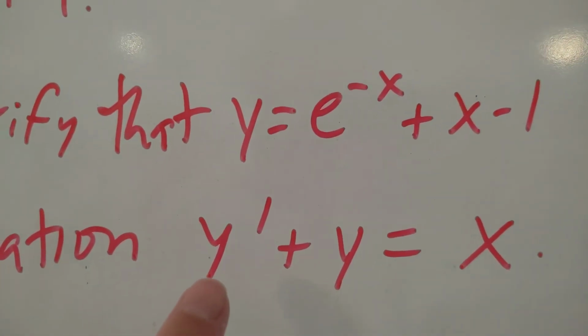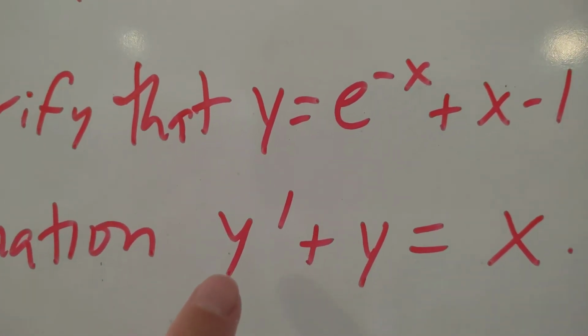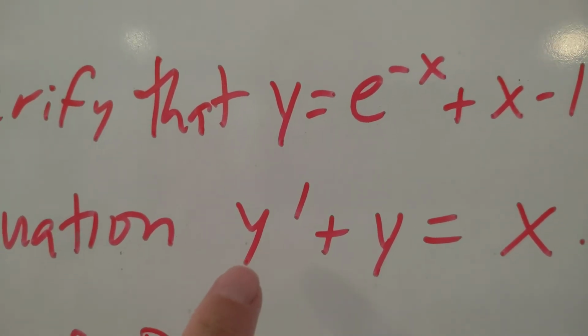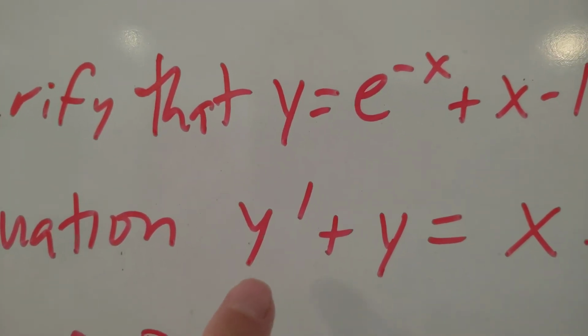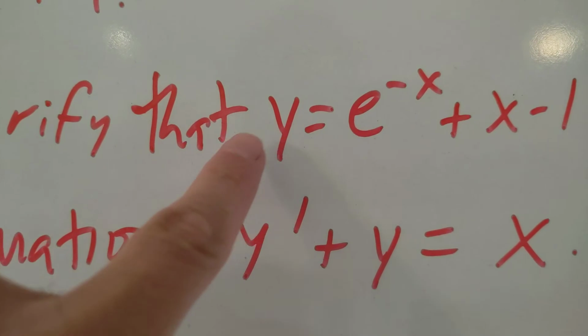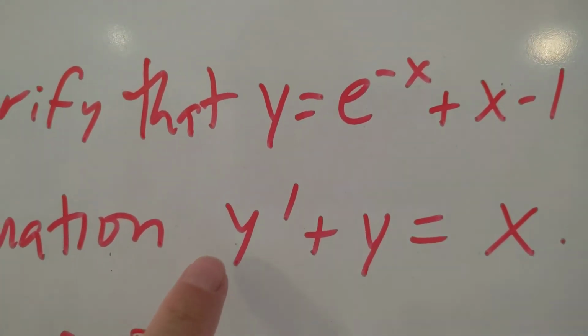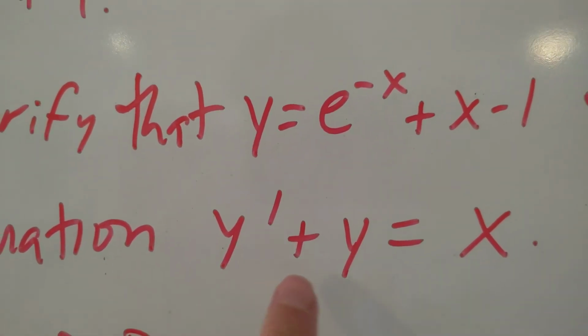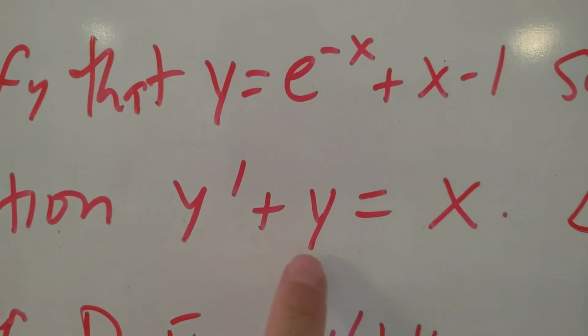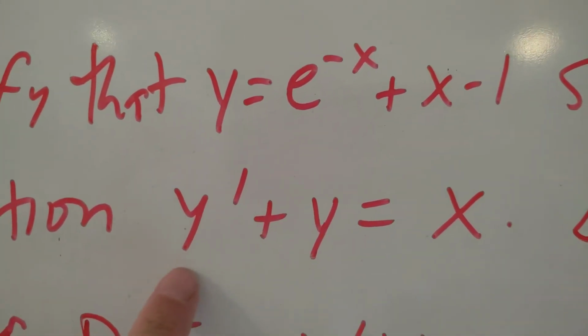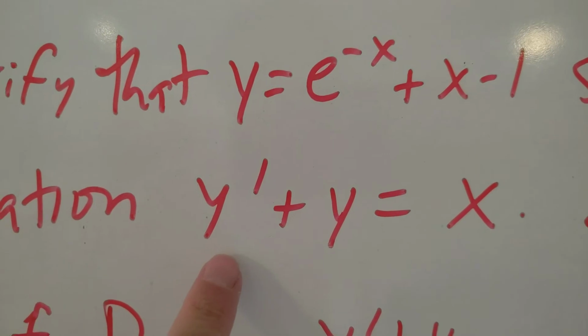When I see y prime, I'm going to write what we just found y prime to be. And the best way to verify that this value of y solves this equation is to just work with the more complicated side of the differential equation, which is the left-hand side, LHS. So I'm just going to start with the left-hand side.